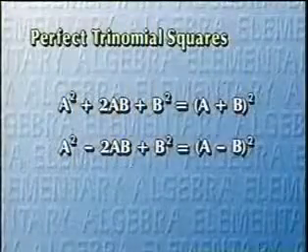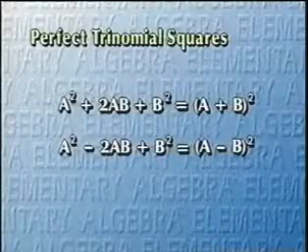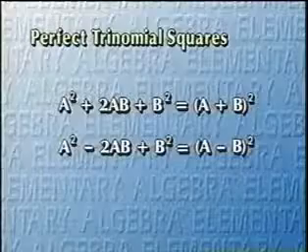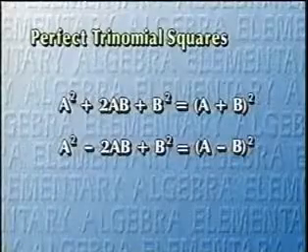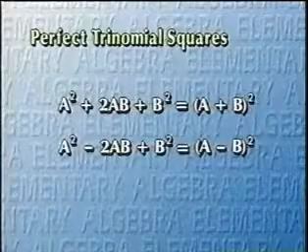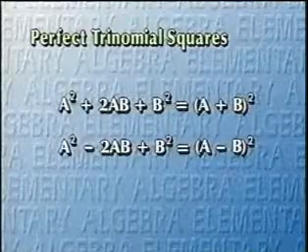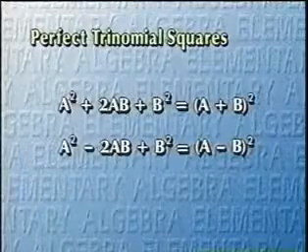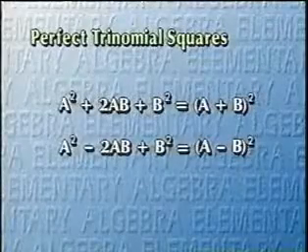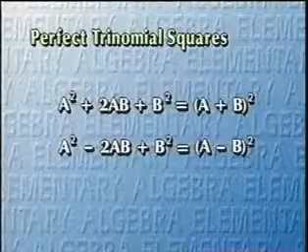So actually, let's take a look at perfect trinomial squares. Perfect trinomial squares are two forms, either a plus b quantity squared or a minus b quantity squared. And they result from two trinomials, a squared plus 2ab plus b squared, or a squared minus 2ab plus b squared.